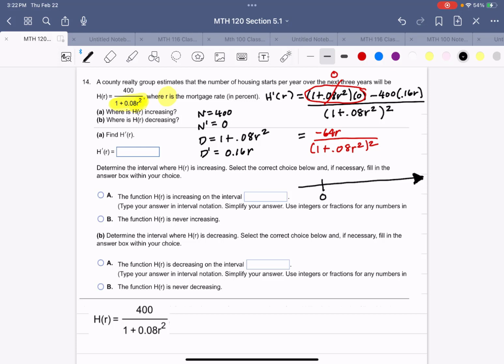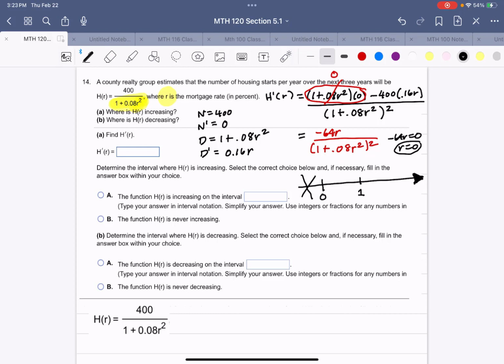So all I have to do is find my critical number. Negative 64r equals 0 if r is 0. And so there it is on my number line. Nothing over here makes sense, so I'm going to skip over that. I'm going to pick something to the right of my critical number, so 1.